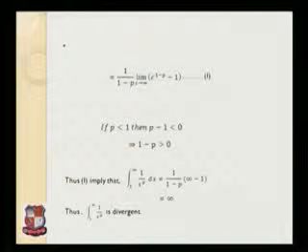That means there are two possibilities, either p is less than 1 or p is greater than 1. In the first case, if p is less than 1, then p minus 1 is less than 0. This will imply 1 minus p is greater than 0. So what happens?